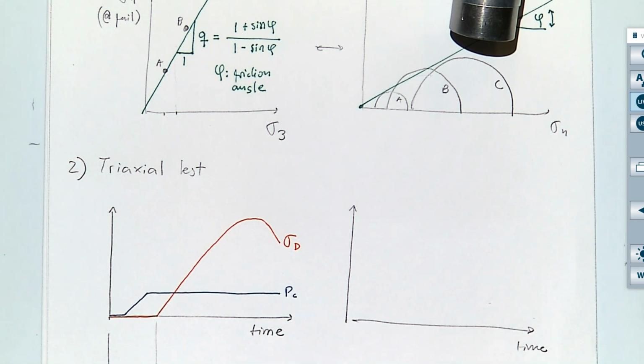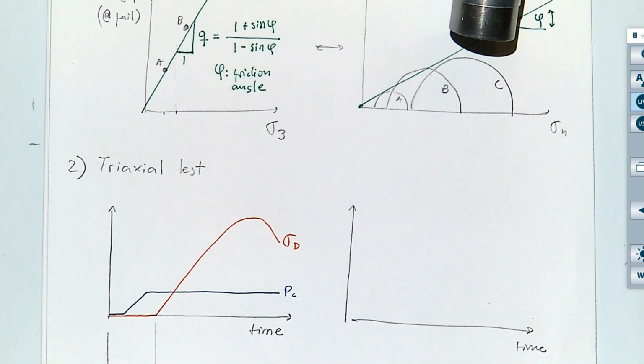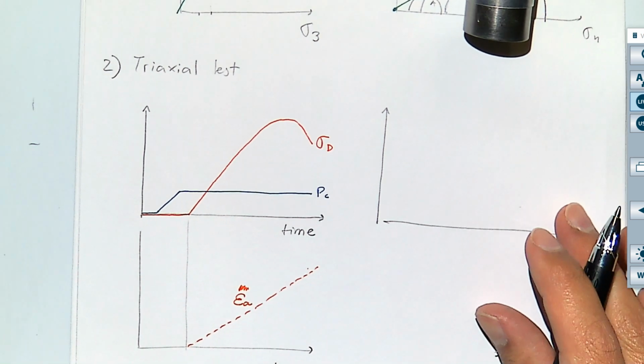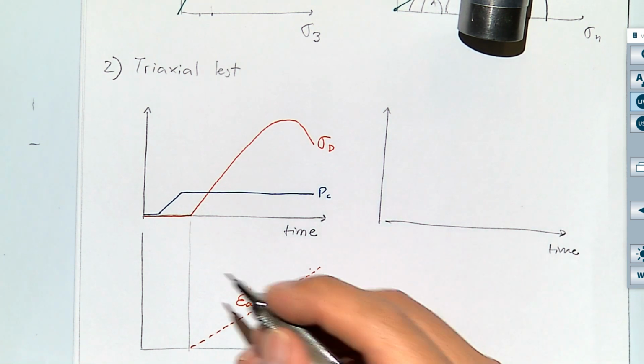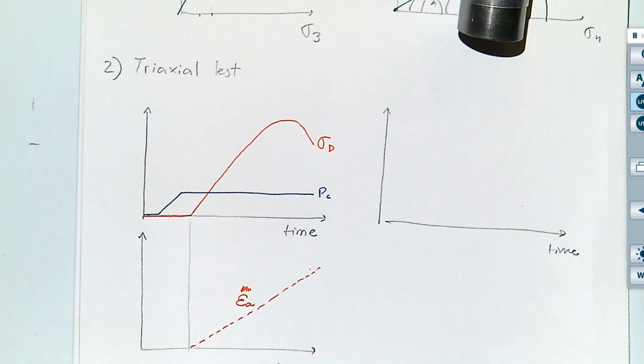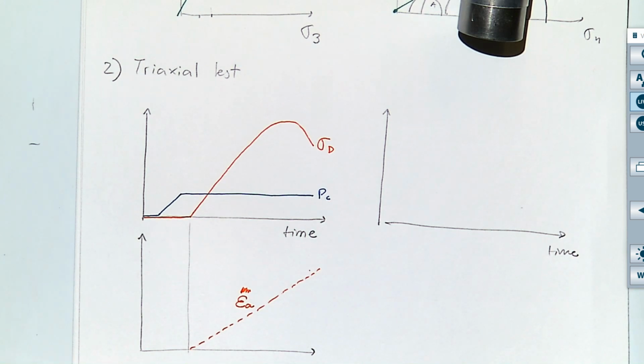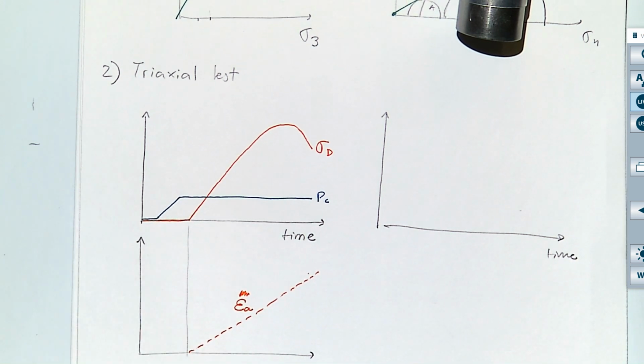So your strain is going to be constant at a constant rate, so constant velocity. That means that you're lowering or you're straining the rock at a constant velocity.